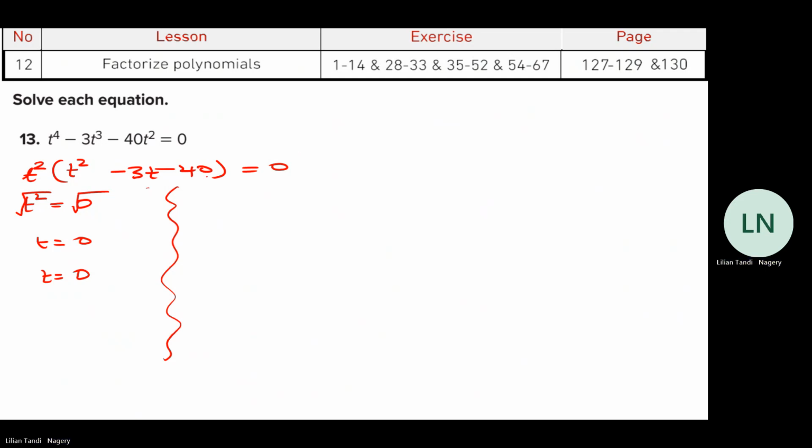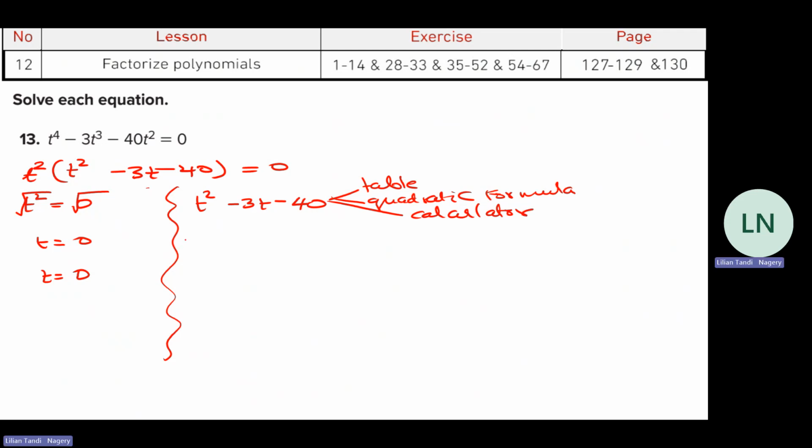Okay? Now on this side, you're going to do t squared minus 3t minus 40. You can do this table, quadratic formula, or calculator. So me, I did quadratic formula.